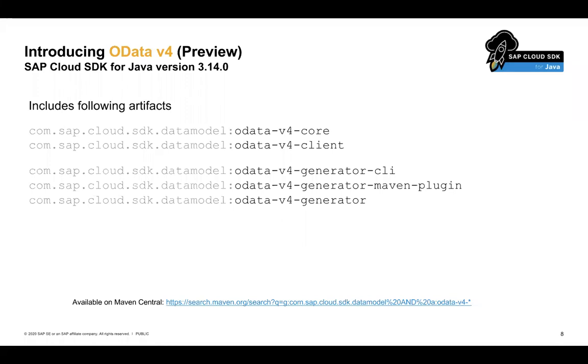The most important part is, of course, the first one, which is OData v4 core, and the second section, which is the generator section, shows that we also released a generator for OData clients, which can be used either as command line interface or Maven plugin. All of these libraries are available on Maven Central and can be regularly included into your Maven build.